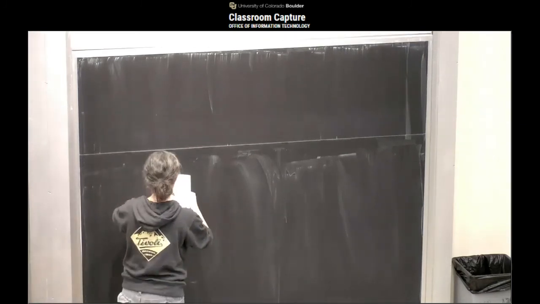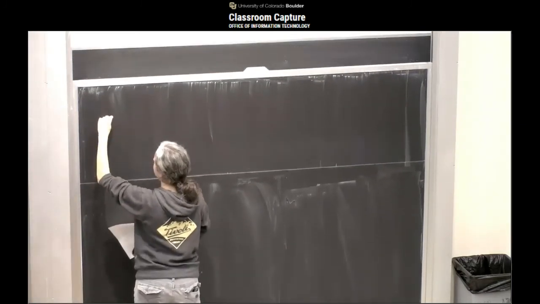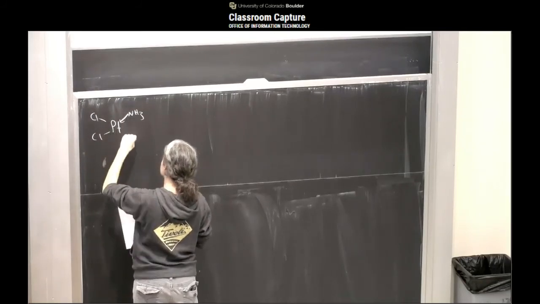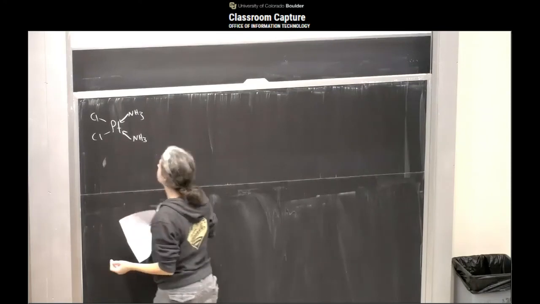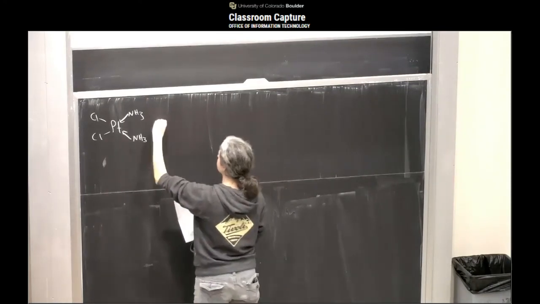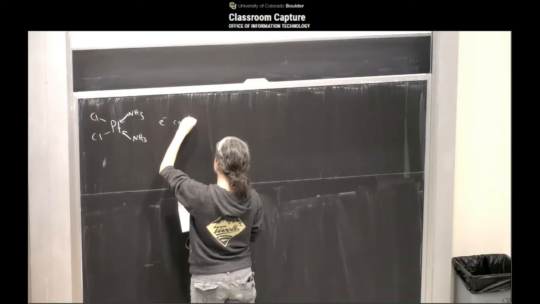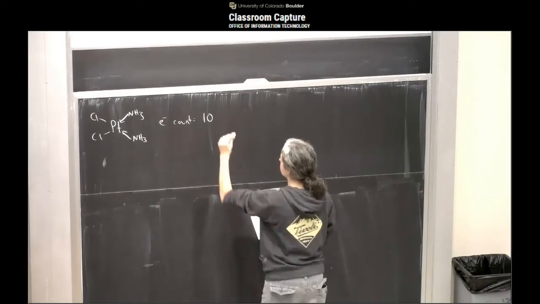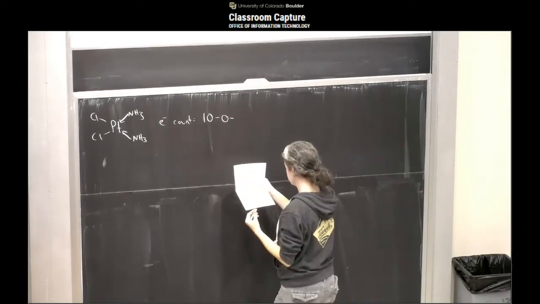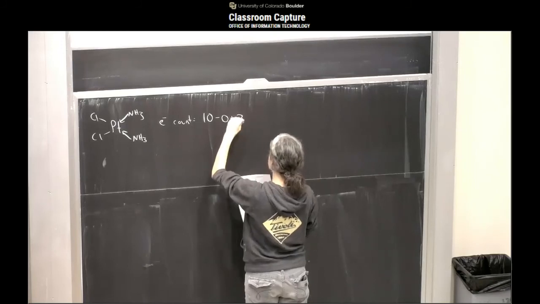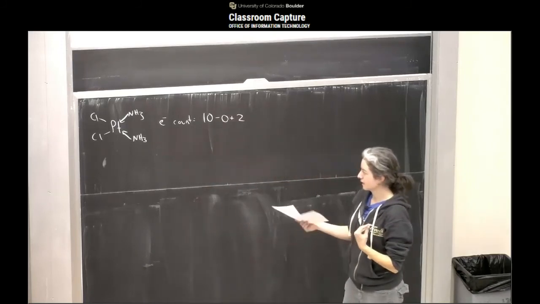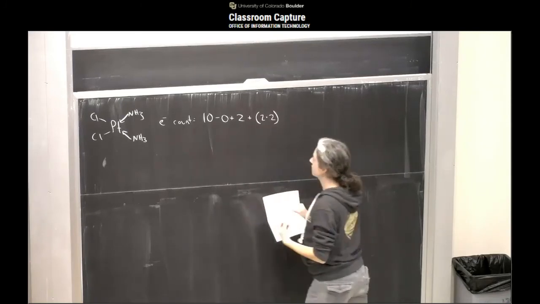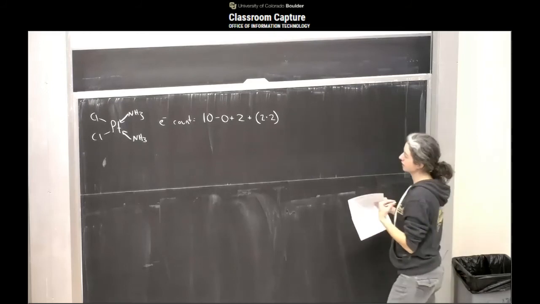Okay, so again, platinum here. This thing has an electron count. It's going to be 10 electrons in the neutral metal, minus 0 charge, plus 2 electrons from the number of X-type ligands, plus 2 electrons from each of the 2 L-type ligands.